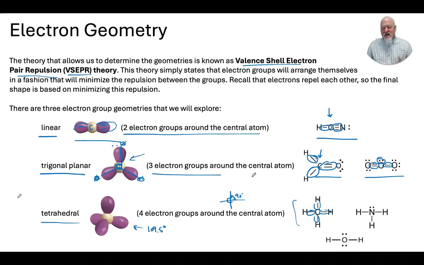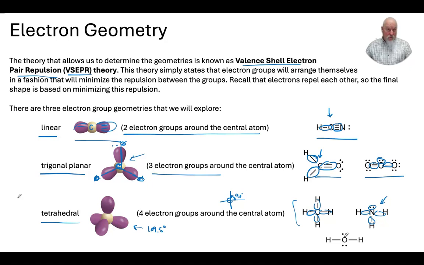so any molecule where the central atom has 4 electron groups on it is going to have an electron geometry that's called tetrahedral. Now, it can be 4 bonding groups like we saw with CH4, or with ammonia here, NH3, it can be 3 bonding groups and 1 non-bonding group.